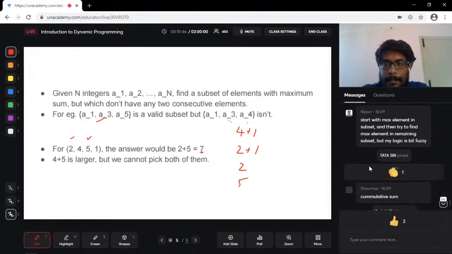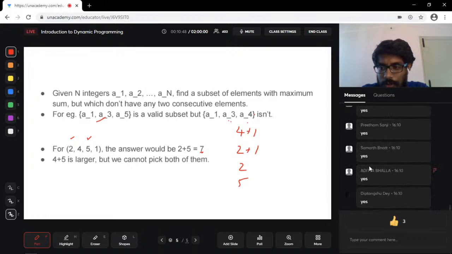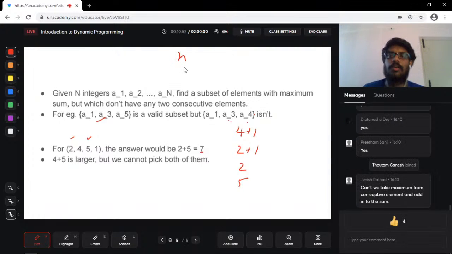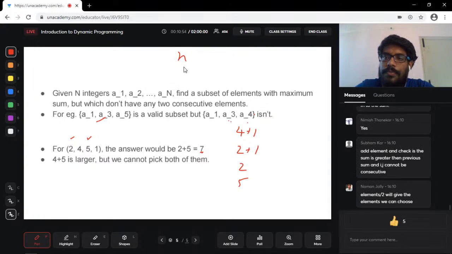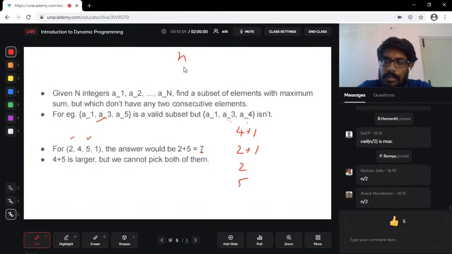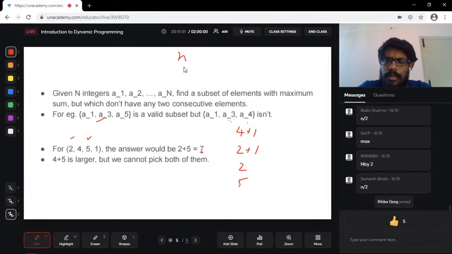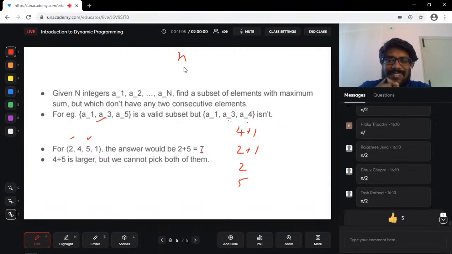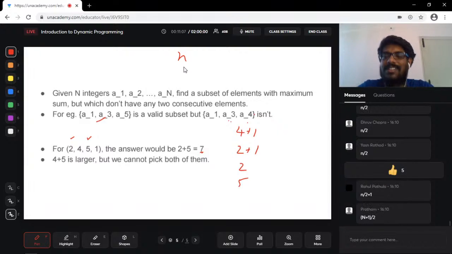So in general, suppose I have an array with n elements, what is the maximum number of elements I can choose in a valid subset? Not exactly n by 2. There's a bit of a twist to this.